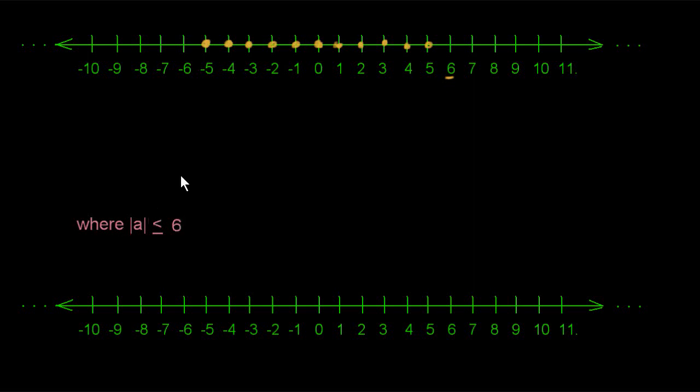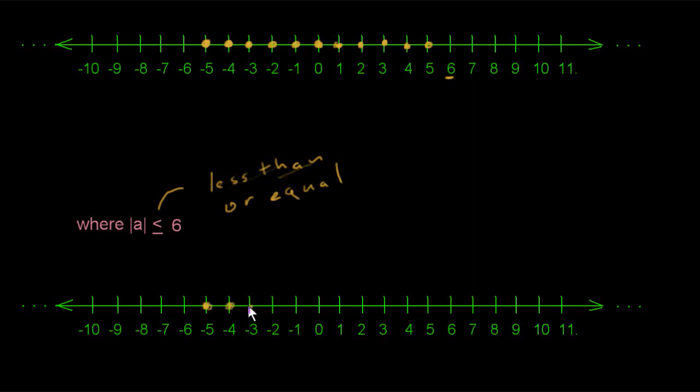The next problem is slightly different. It says, where is the absolute value of a less than or equal to 6. And I don't believe we've seen that sign yet, but that's what it means.